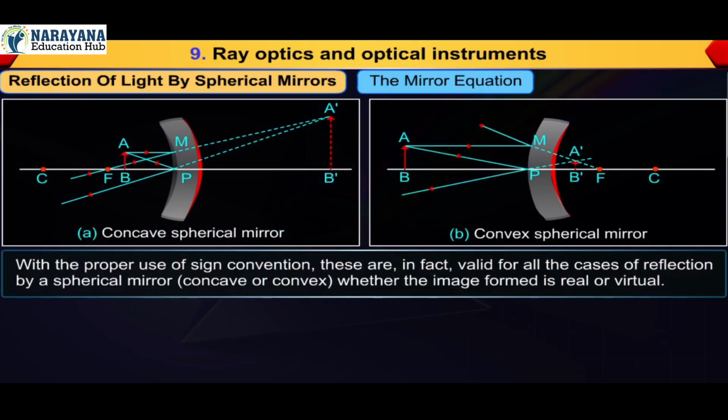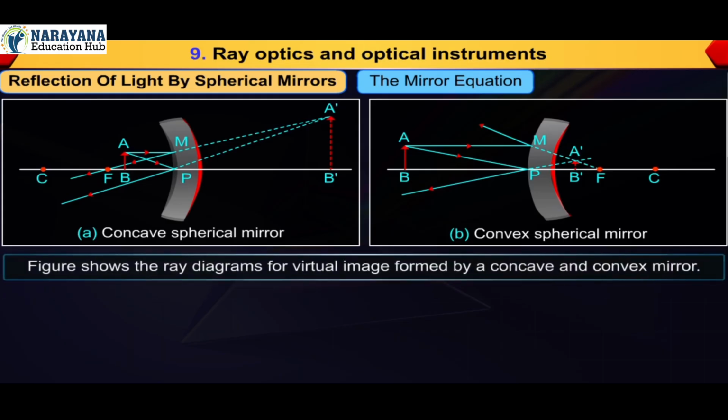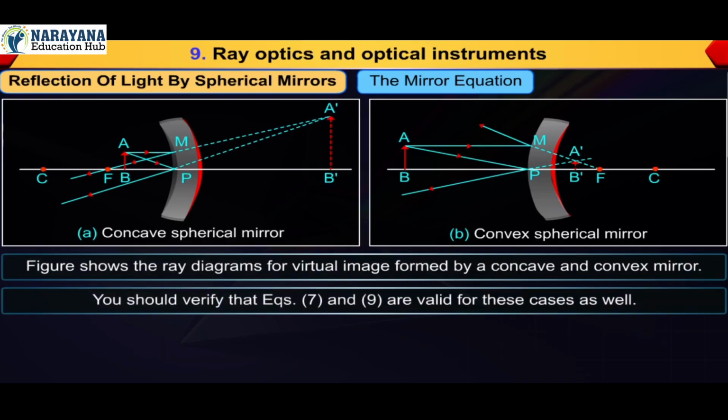These are, in fact, valid for all the cases of reflection by a spherical mirror, that is concave or convex, whether the image formed is real or virtual. Figure shows the ray diagrams for virtual image formed by a concave and convex mirror. You should verify that equations 7 and 9 are valid for these cases as well.